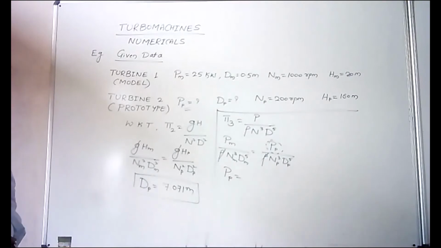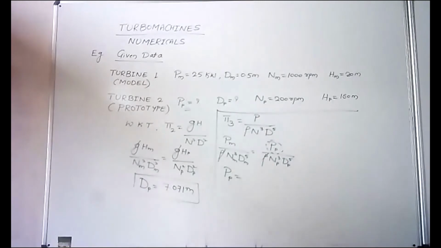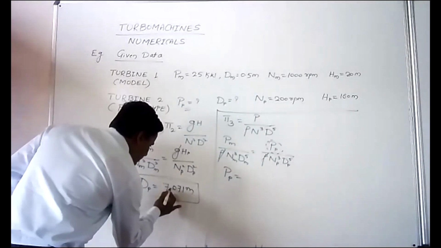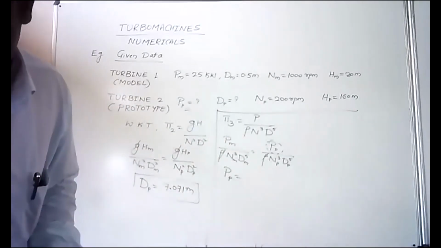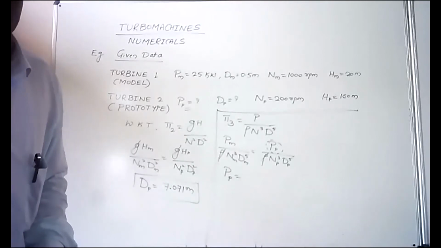Sir, is that Dp value correct? Yes, Dp is correct. How much are you getting? I am getting 0.701, sir.